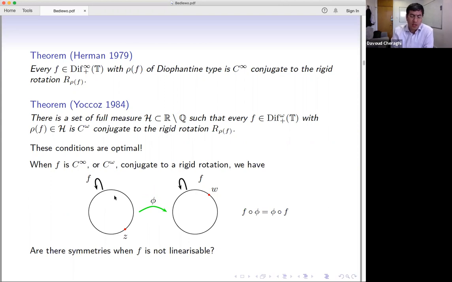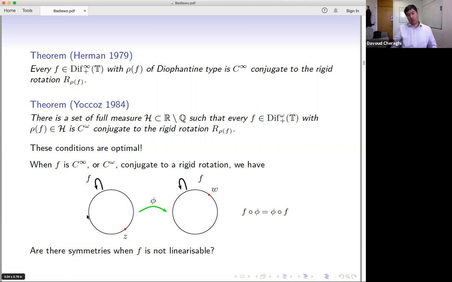So in fact, one can move in the opposite direction. Linearizability means that the orbits generate the same geometries. The opposite direction would be that if all distinct points produce orbits with the same geometries, up to say a C omega map, an analytic map, then the map will be analytically conjugate to a rotation.